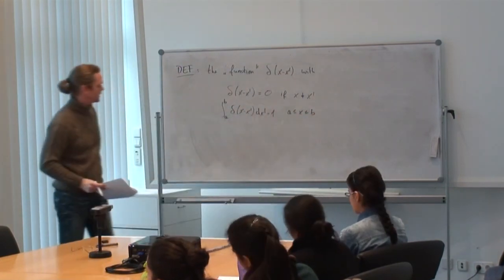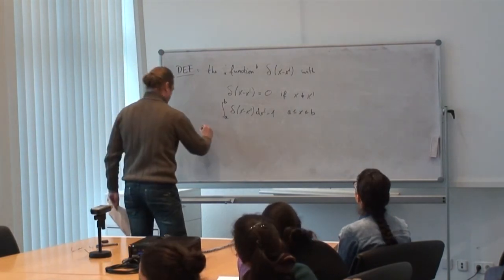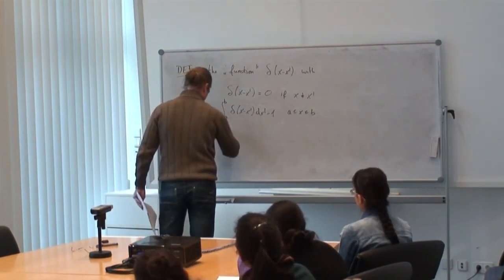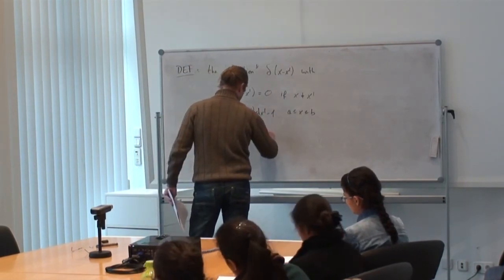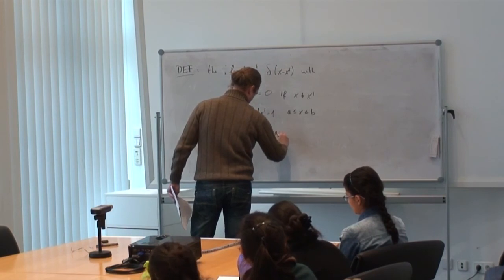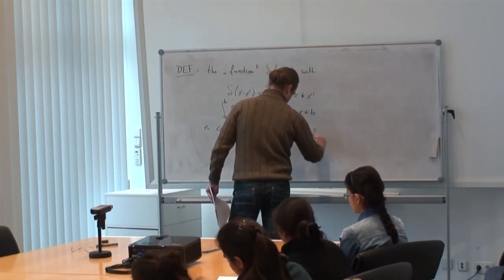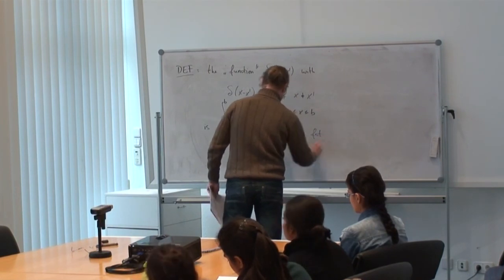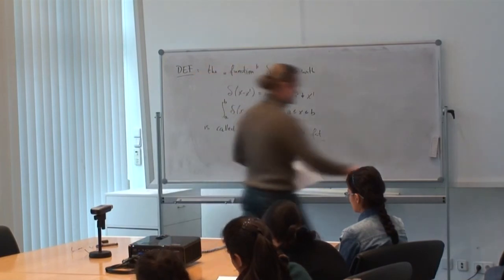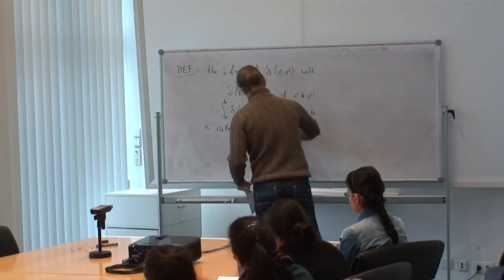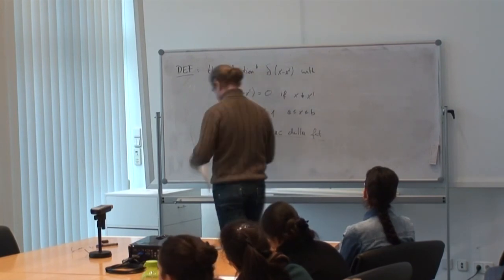These are the two defining properties of this function. It is called the Dirac delta function.